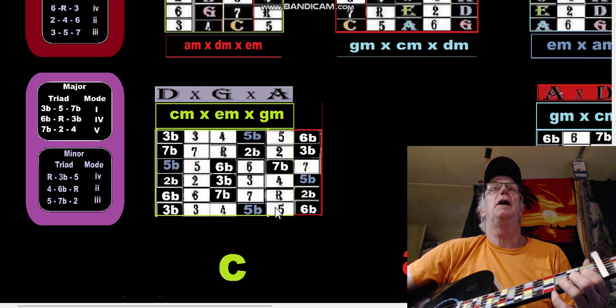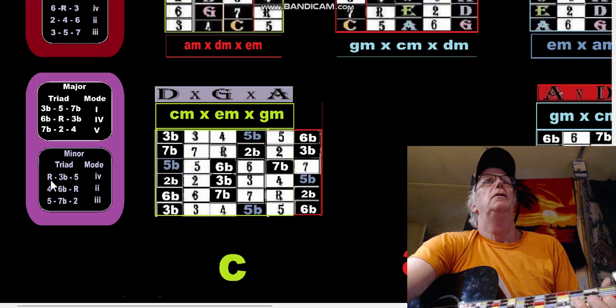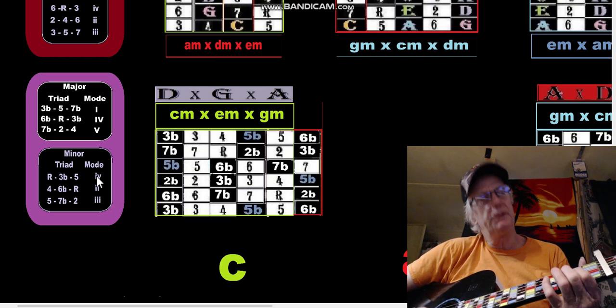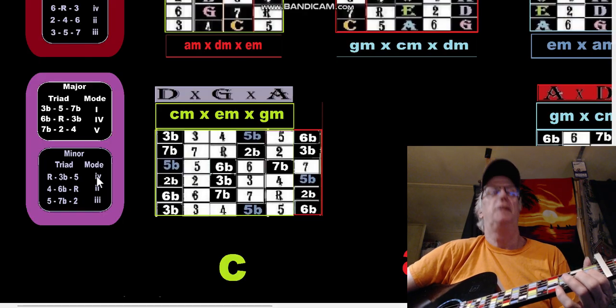We should be going to 3 flat. We're going 5, root, 3 flat, and then 5, then root.